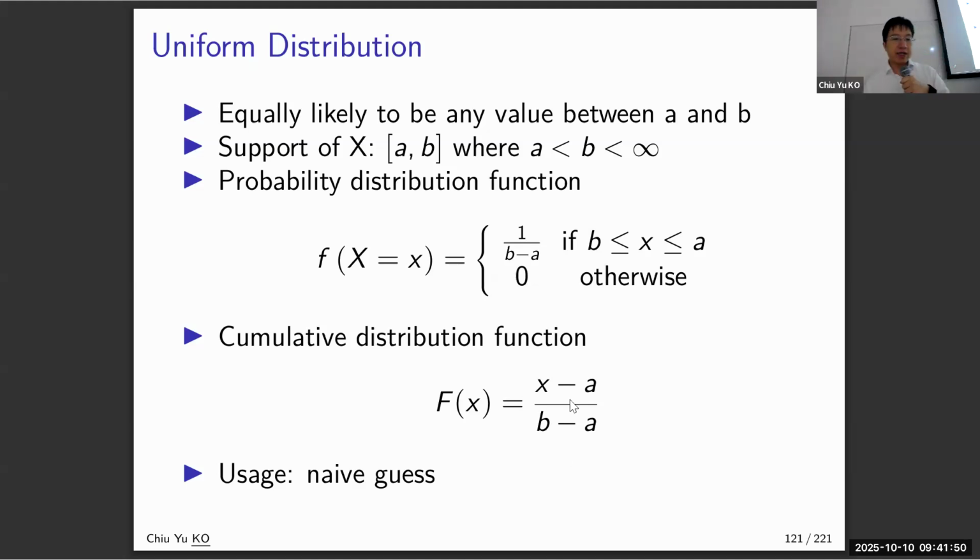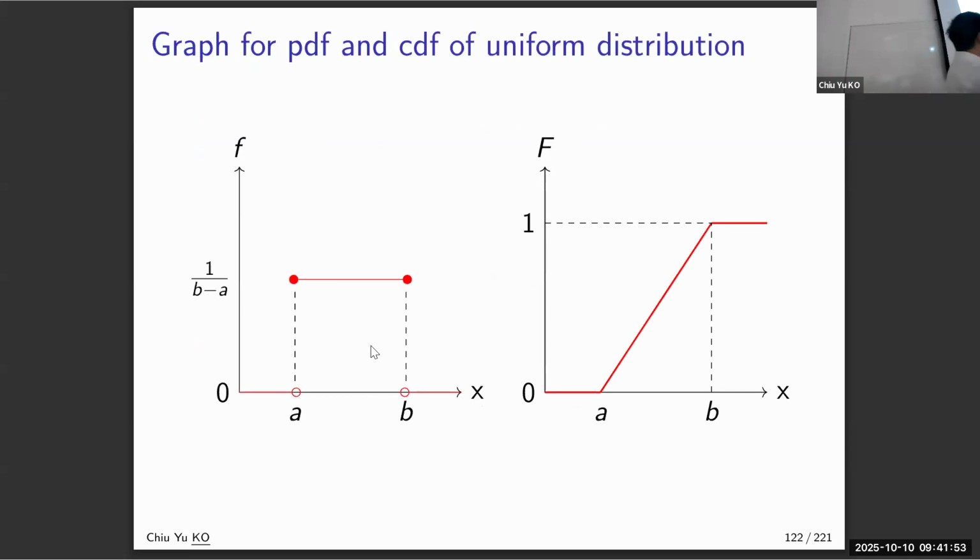That's why the f function is a rectangle: as long as you pick the same base, the height is always constant. So the probability that the random variable is between a and a plus 1, or b minus 1 and b, is the same, because you only rely on the length of the interval.